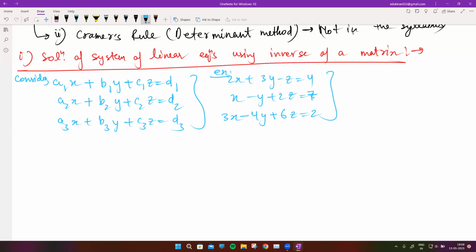It means that if all the constant parts are 0, then we will call that system a homogeneous system of linear equations. Right now, this is non-homogeneous. Homogeneous means all the constant parts are the same, basically zero. This is a non-homogeneous system of linear equations, obviously.